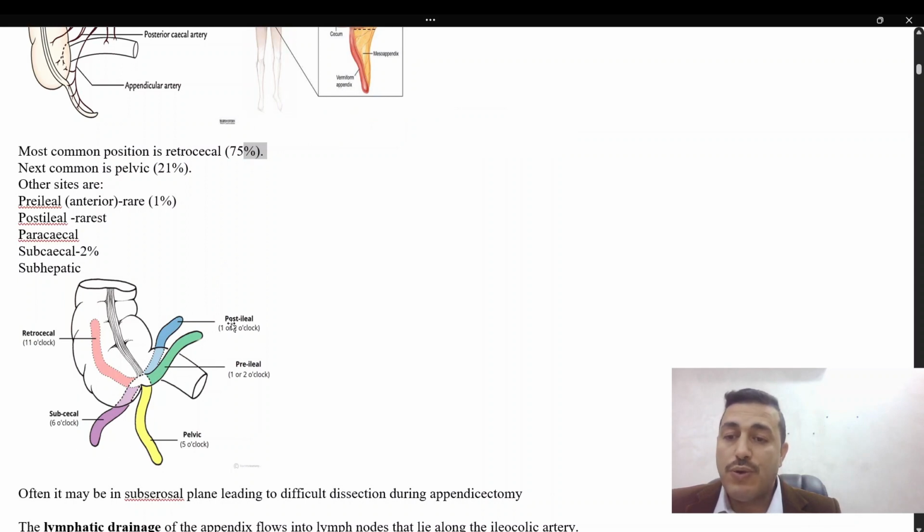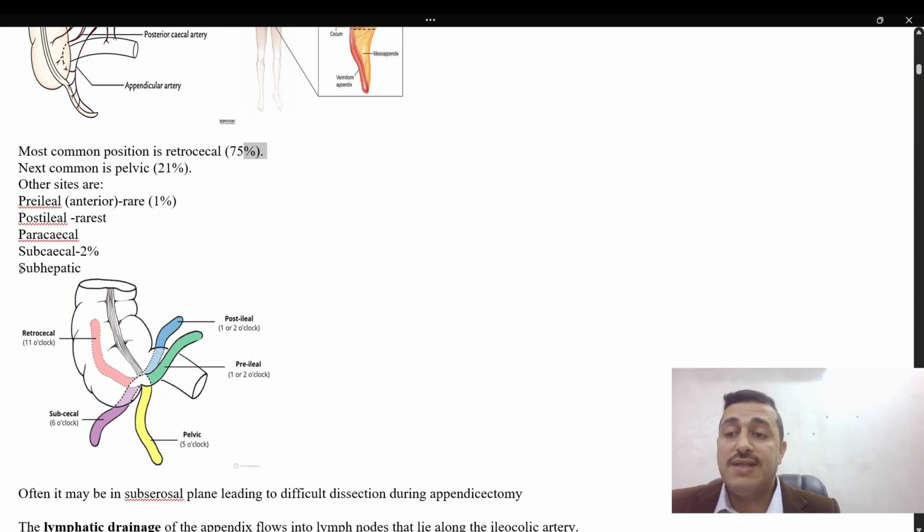Here is the 1 o'clock post-ileal, behind the ileum. Here, anterior to the ileum at 2 o'clock, 5 o'clock in the pelvis, 6 o'clock subcecal, and retrocecal. We said that the retrocecal is the most common.